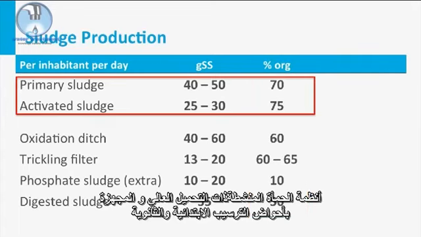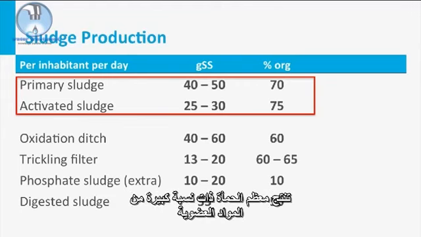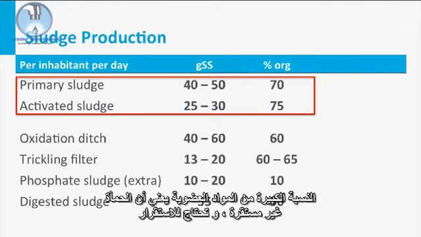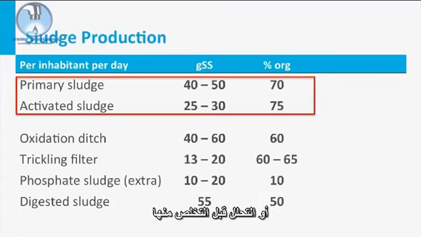High-loaded activated sludge systems equipped with both primary and secondary clarifiers produce the most sludge, with a high fraction of organic matter. A high organic fraction means that the sludge is non-stabilized and requires putrefaction or stabilization prior to disposal.